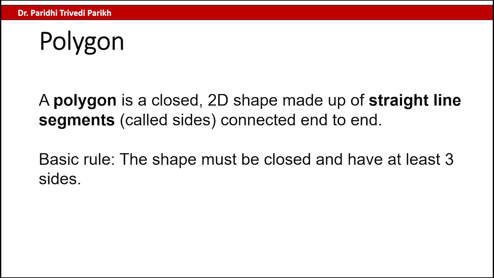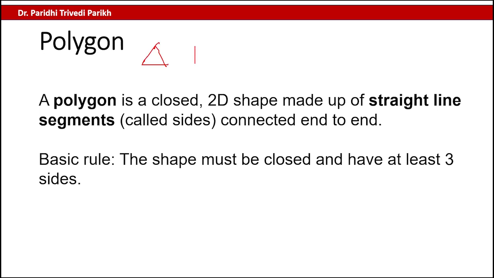Now, when we talk about a polygon, it's an enclosed 2D figure made up of straight line segments called sides, connected end to end. The basic rule is the shape must be closed and have at least 3 sides.